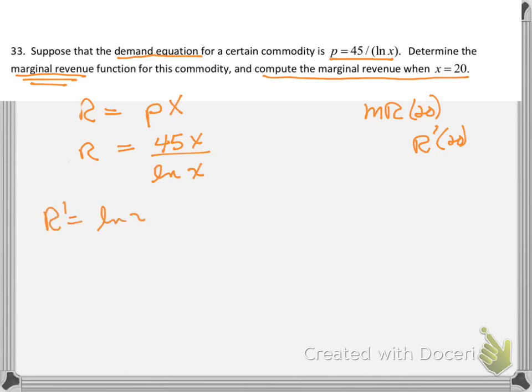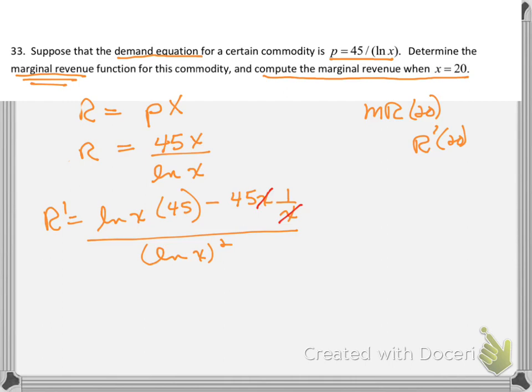Low d high minus high d low over low squared. Okay, so it looks to me like these can cancel. So at this point, let's see what we're going to do. So I have that.